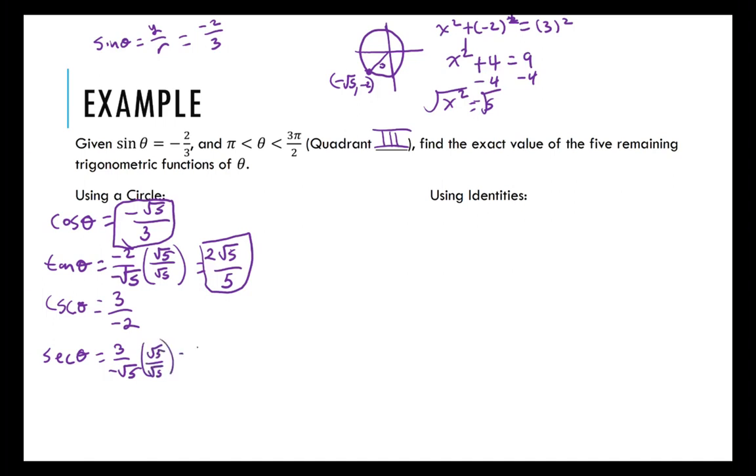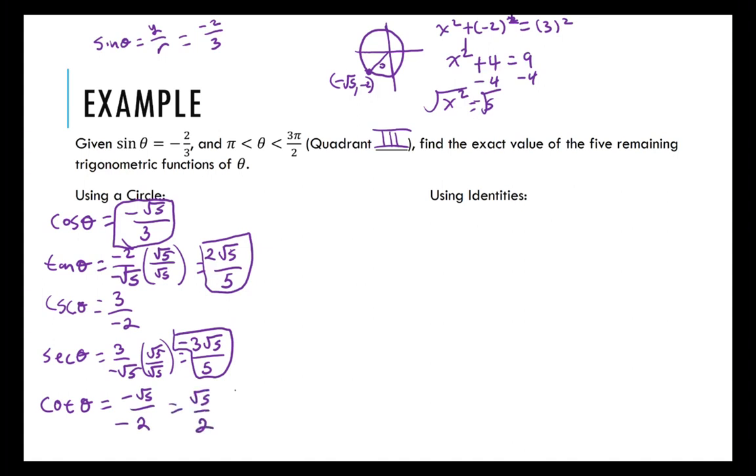That's going to be 3 root 5. It is negative over 5. So there's secant of theta. And cotangent of theta is x over y, or negative root 5 divided by negative 2, which is positive root 5 over 2.